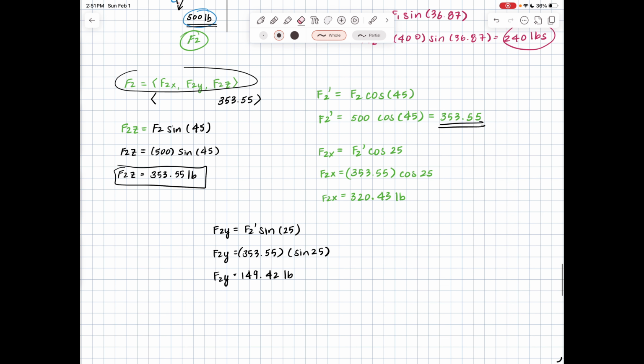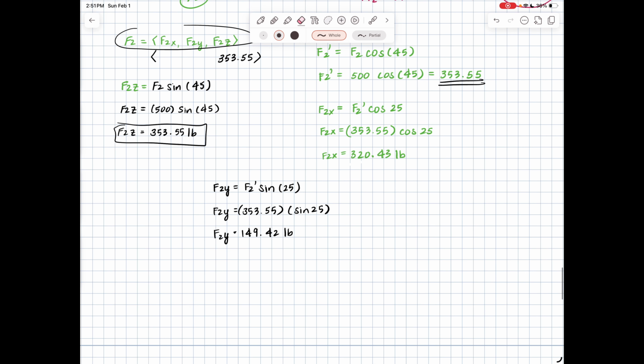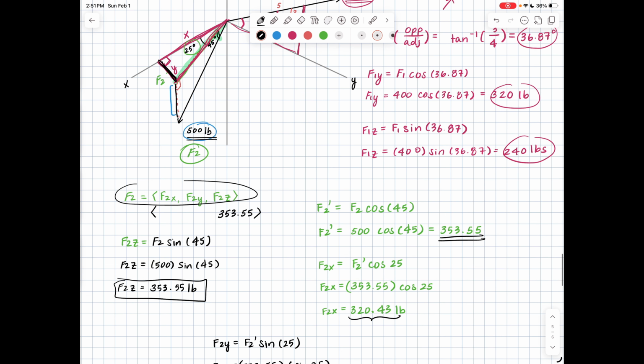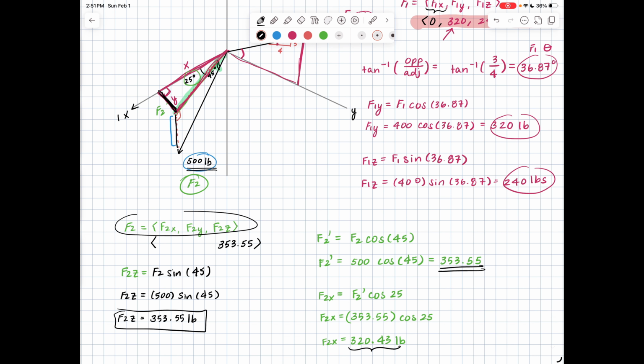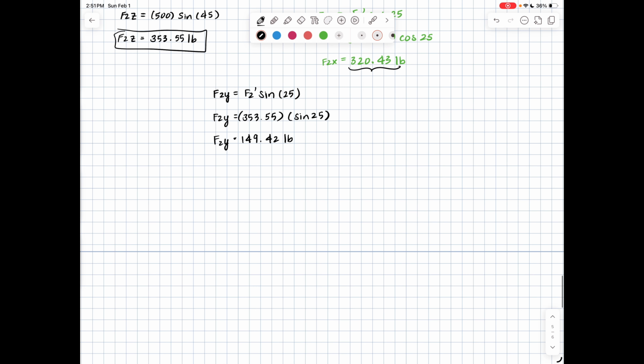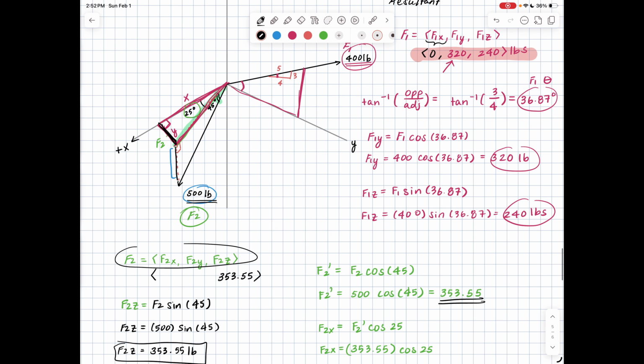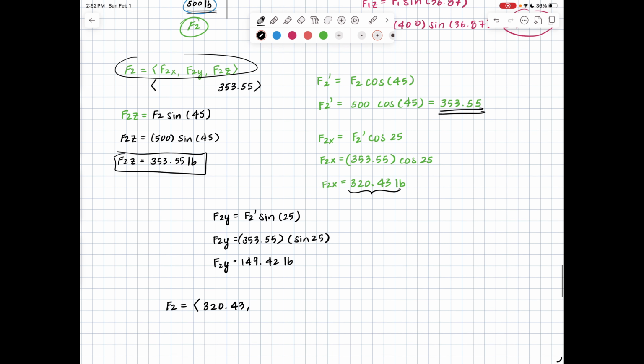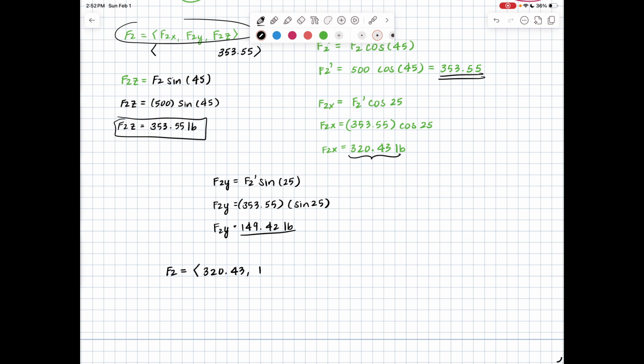Now, when we put this back into our equation, it's important to note where the vector is. So for F2x, we have a magnitude of 320.43 pounds, and it is pointing in the positive x direction. So for F2, my x value is going to be 320.43, comma, my y is also in the positive direction, so it is going to be positive 149.42.